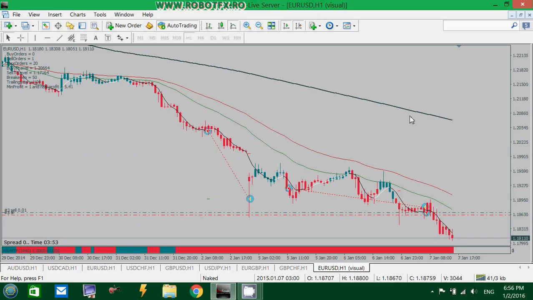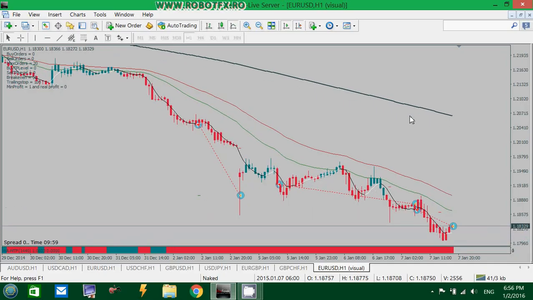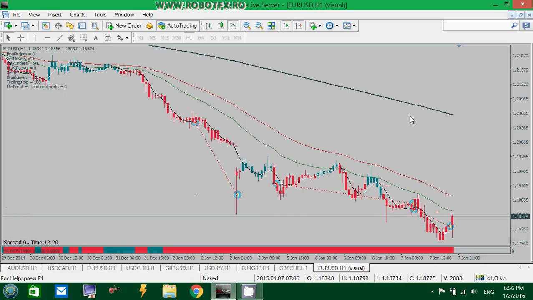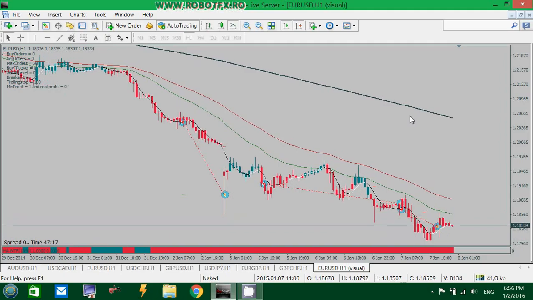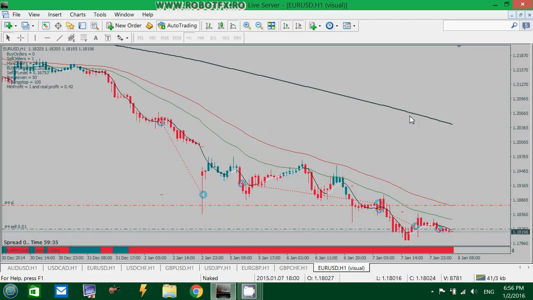Break even activated, we cannot lose this one, no matter what. The non-lag changes the color again, and the Expert Advisor closes the trade in profit. Another one is open.